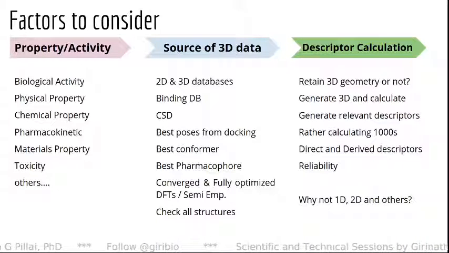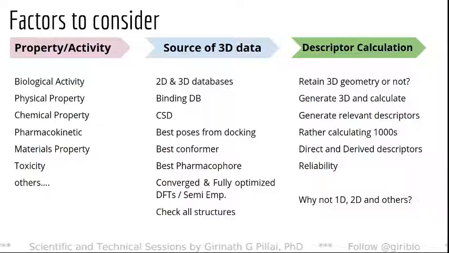So you have to retain the 3D geometry. For example, in PaDEL, you have an option whether to retain the 3D geometry. If you do not want to retain it, it will optimize, and there are two options for you to optimize, either MMFF94 force field based or MM2 for parameterization. And so they can generate 3D and then calculate the descriptors.